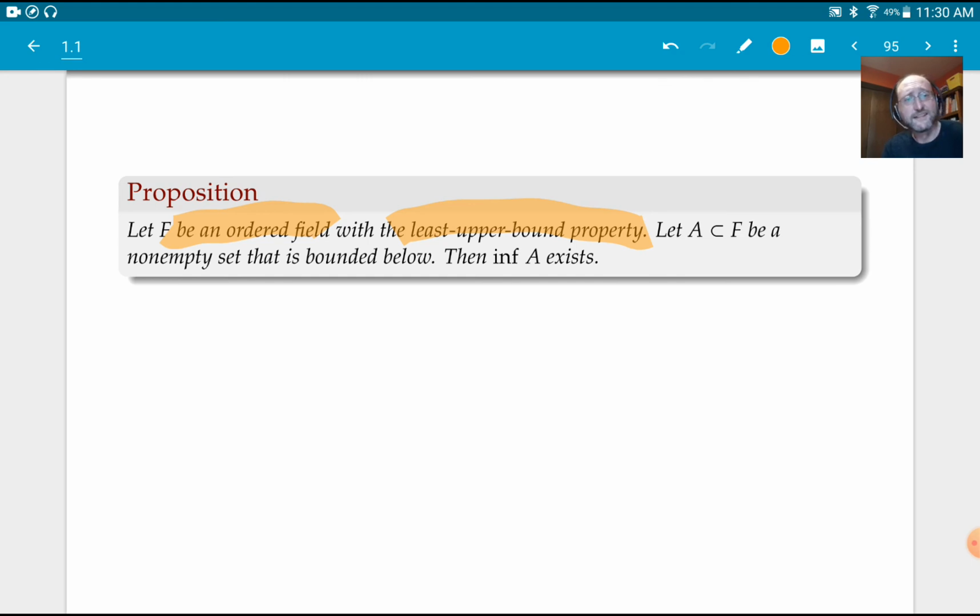If this field has the least upper bound property, then for any non-empty set that is bounded below, an infimum exists. So if there is any lower bound, there is a greatest lower bound.